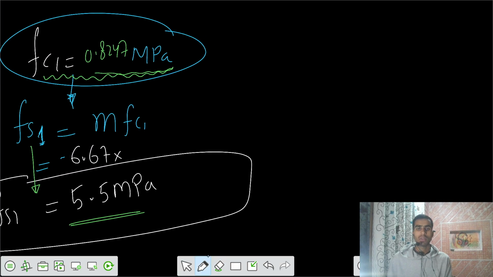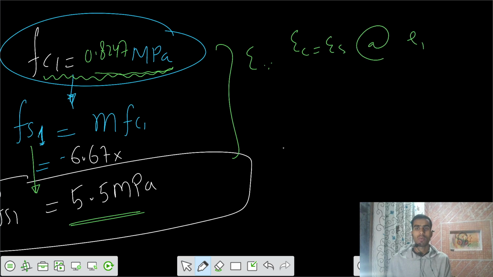Because of strain compatibility, the strain has to be the same at that location. Strain in concrete is equal to strain in steel at that same location E1, and there is only a difference of modular ratio.